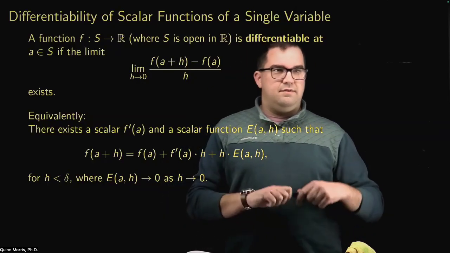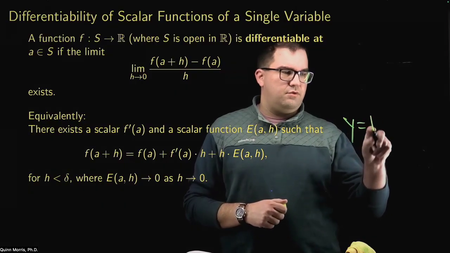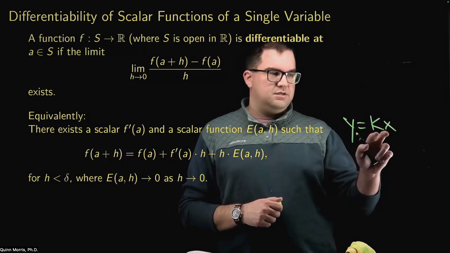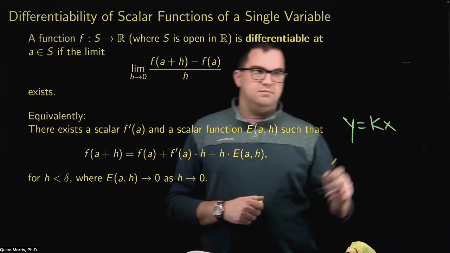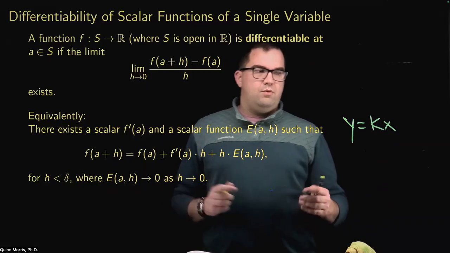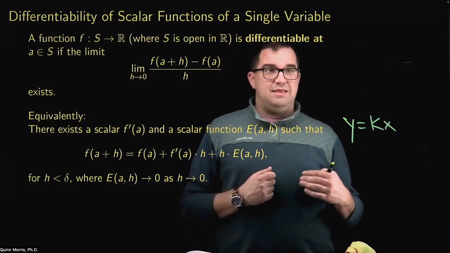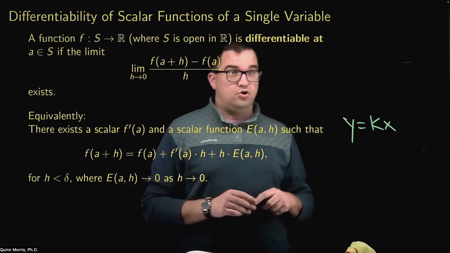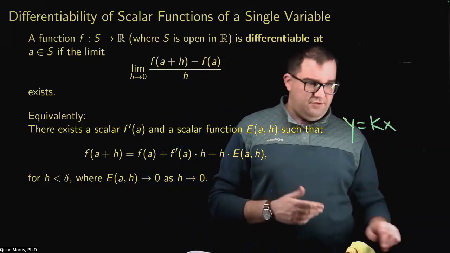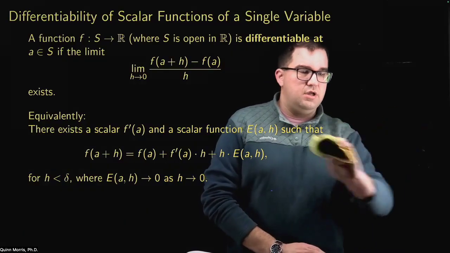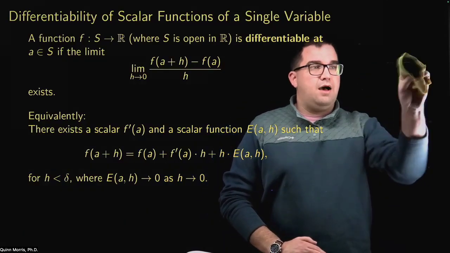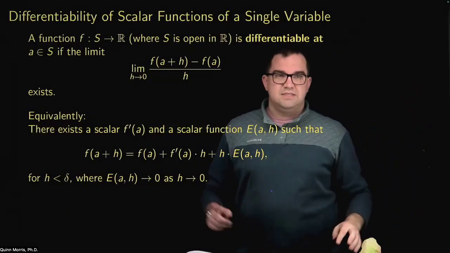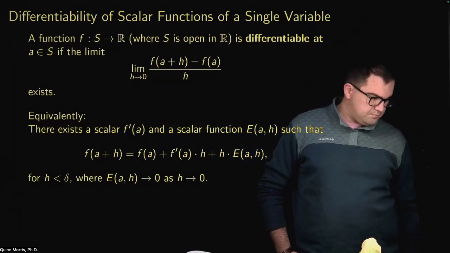In one dimension, this is just like a function y of x, where it's just a scalar times some input. When I move into higher dimensions, I typically think of this as a linear function. I want to think of a linear transformation. And in fact, that's exactly how I'm going to do this. So let's look at our new definition of differentiability of a scalar field and see how it relates here.